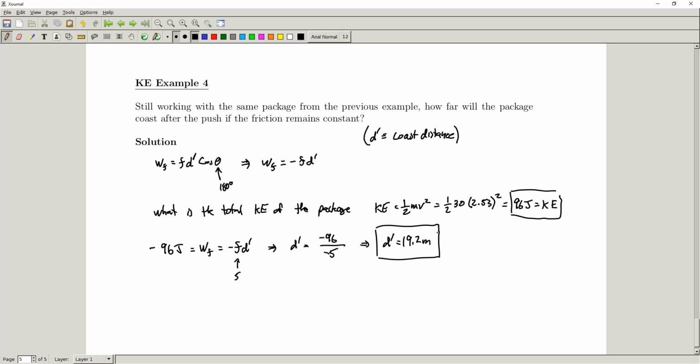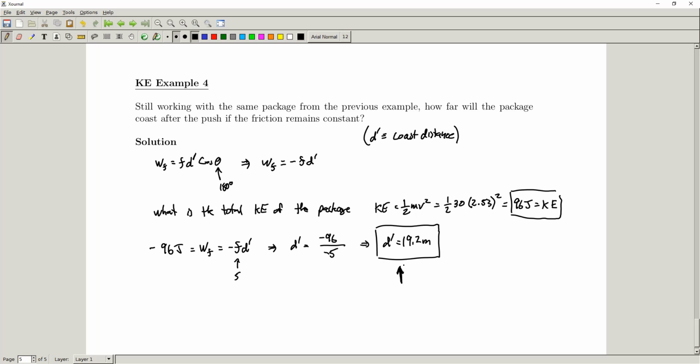We do a total of 96 joules of work on this thing. So 4 joules to overcome the friction while we're pushing, and then 92 joules of energy are stored in kinetic energy in this thing, and then we're going to have this 96 joules of kinetic energy bled off this thing by friction, and this gives us the total distance that we're going to have this thing travel as it coasts.